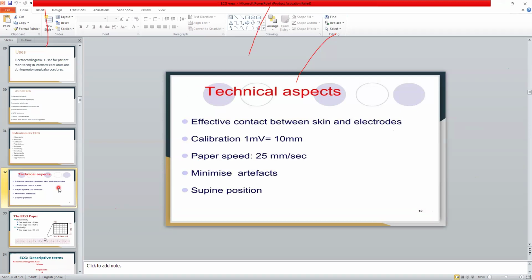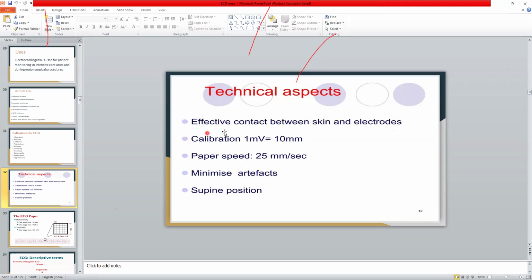When you are recording an ECG, you have to follow certain technical aspects in order to minimize the artifacts. You should keep an effective contact between the skin and the electrodes.